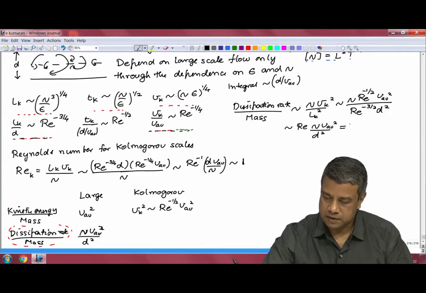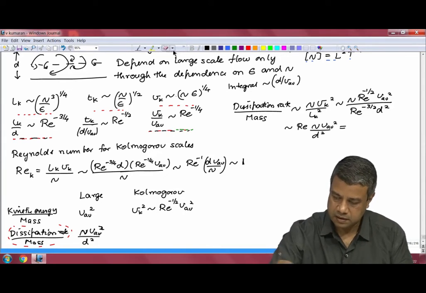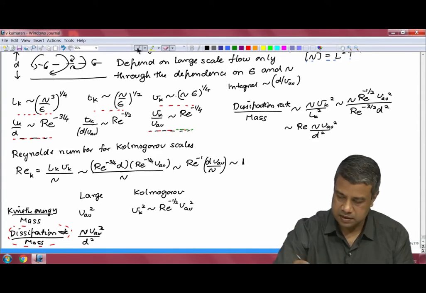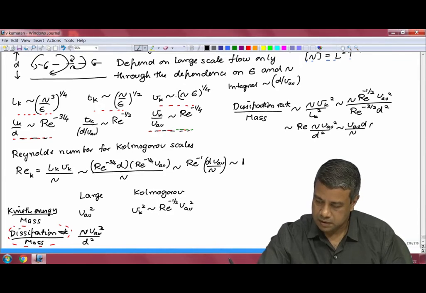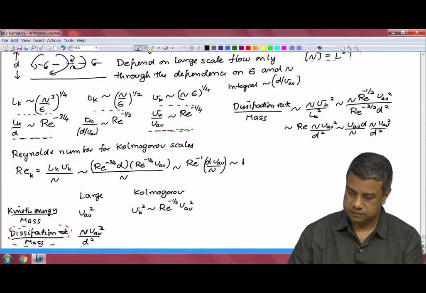And if I substitute for the Reynolds number, I will get Reynolds number is V average d by nu, into nu V average squared by d squared. Okay.